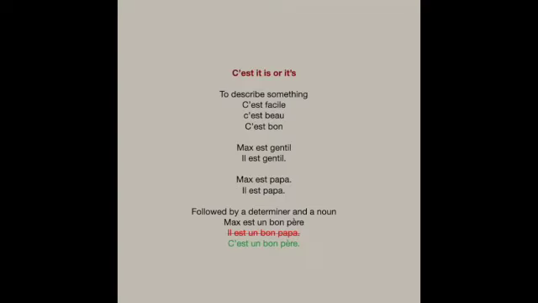Max est papa, il est papa. But when we use a determiner and a noun, we can say Max est un bon père, but we have to say c'est un bon père. We cannot say il est un bon papa or il est un bon père, like we say in English, he's a good father.